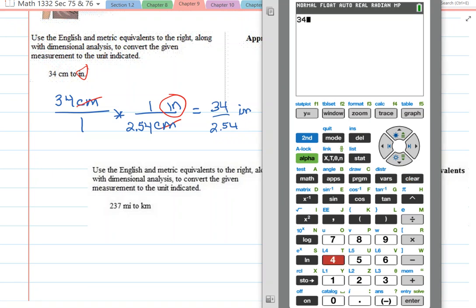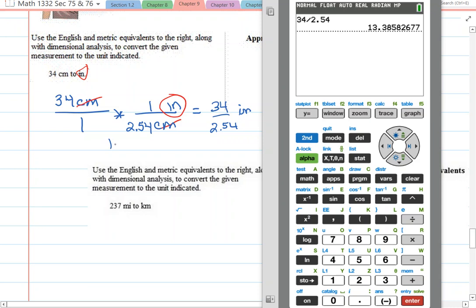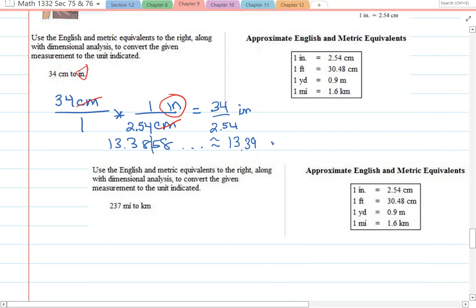Division, 34 divided by 2.54. And I get this awful number, 13.3858... And we want 2 decimal places. So it is approximately 13 and 39 hundredths centimeters. I mean inches, sorry about that.